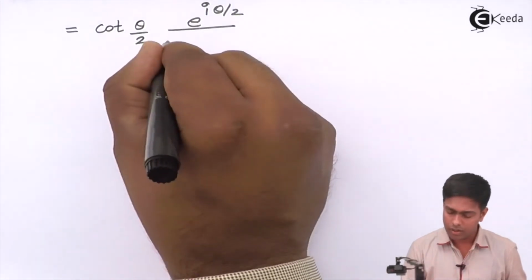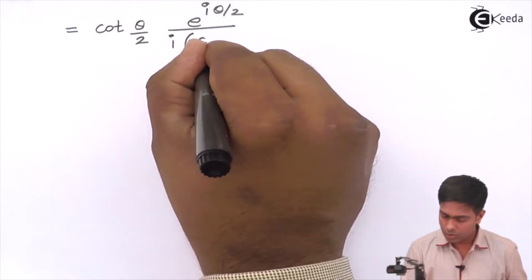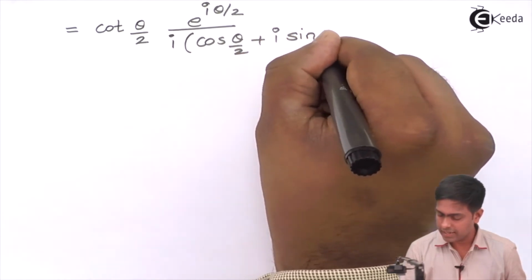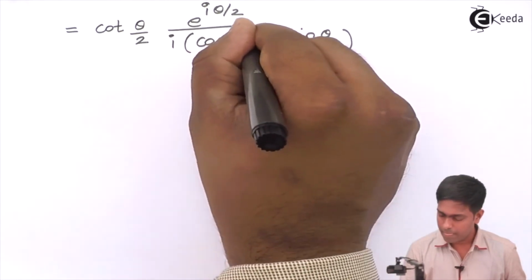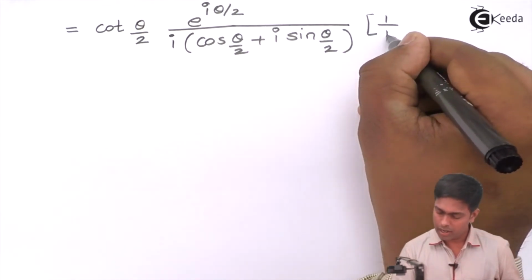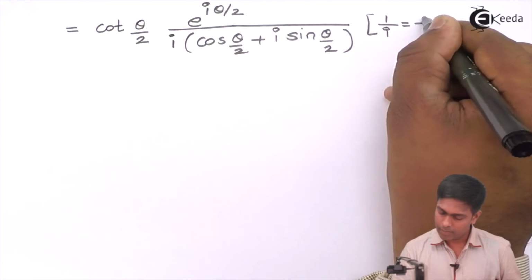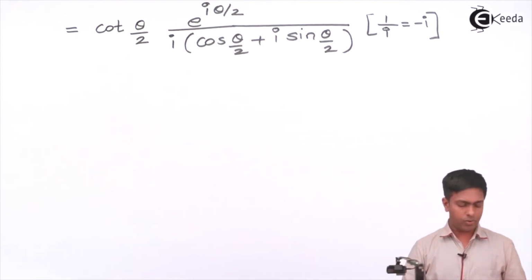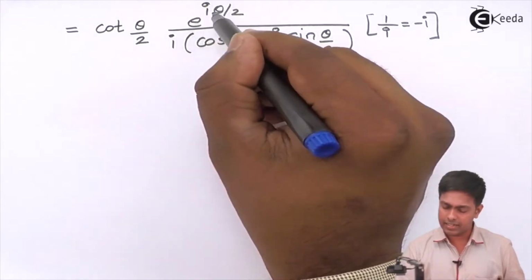So here I will write down i into cos theta by 2 plus i sin theta by 2. So this is due to the property that 1 upon i is equal to minus i. Now guys, this is also e raised to i theta by 2. So it means I can cancel these two terms.